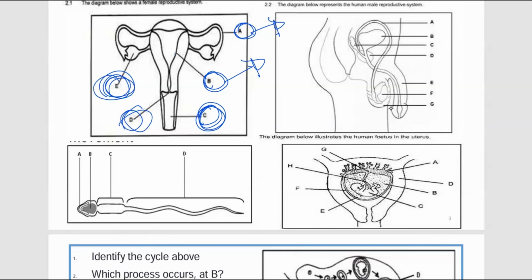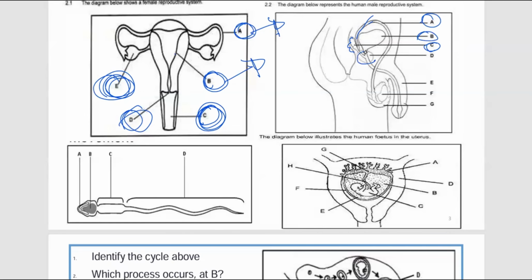Then when you go to the male, make sure that these are testes. This tube is called vas deferens. So I will call A vas deferens. When you go out, the first one, which looks like a leaf, is called seminal vesicle. Then the biggest, this one looks to be a bladder.